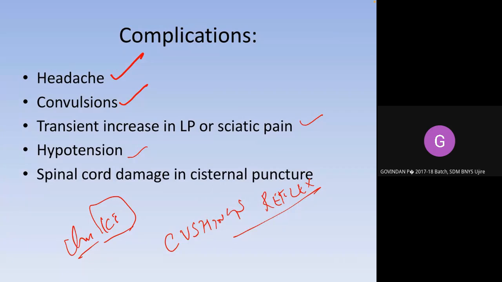Clue is intracranial tension. It is something related to intracranial tension. Pituitary involved? Sorry? No, pituitary is not involved. It's just the name.